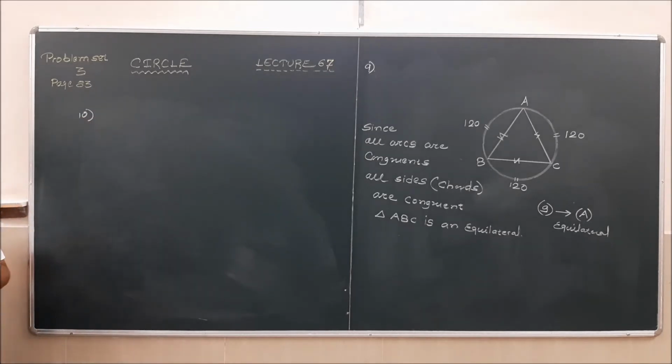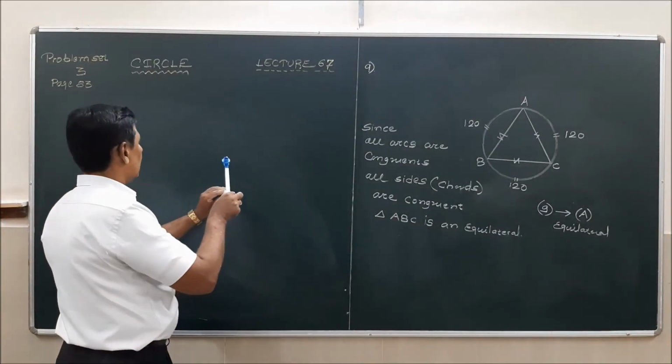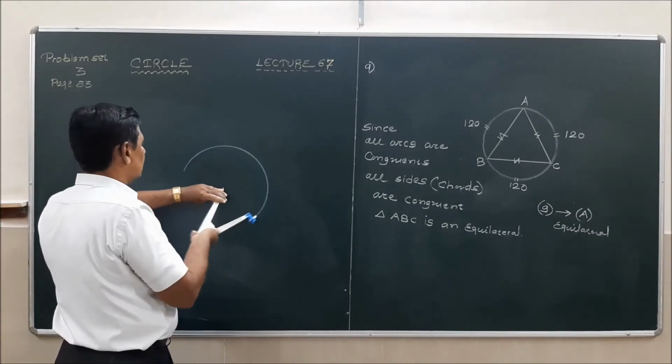Segment XZ is the diameter of a circle. Fine. Y is in the interior. XZ is the diameter.